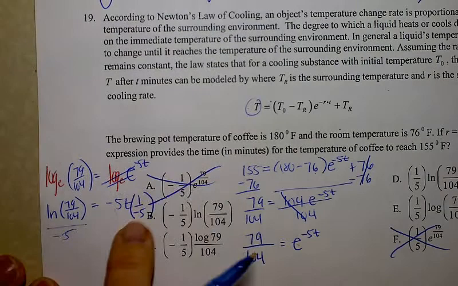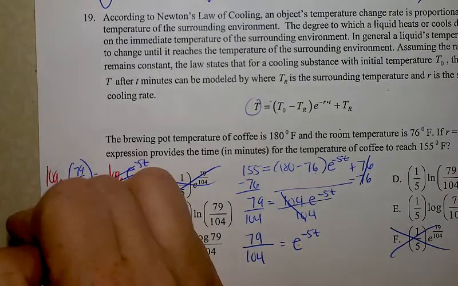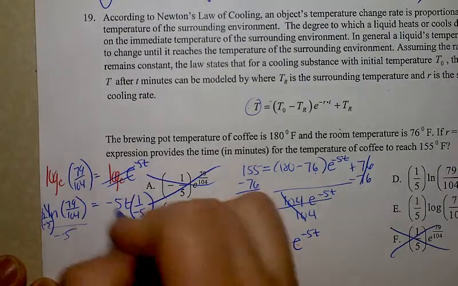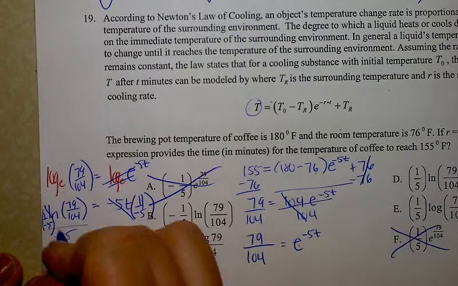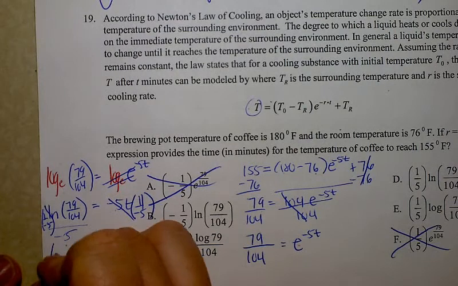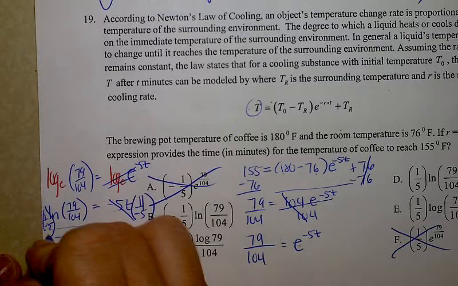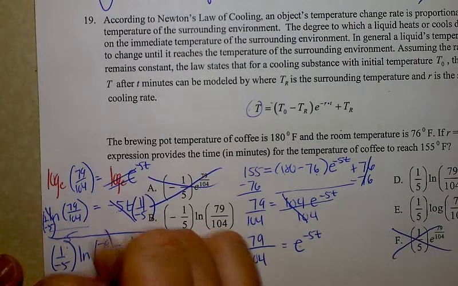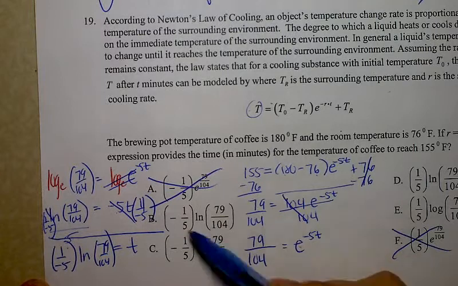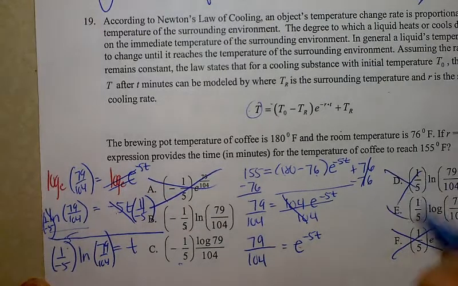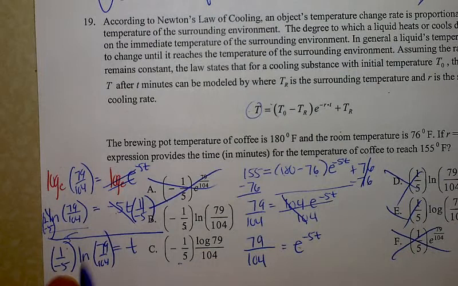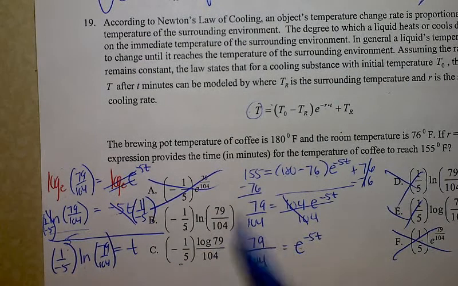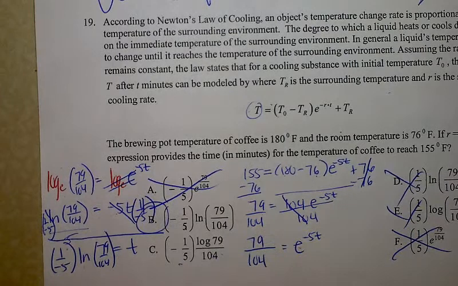So I can multiply by negative 1/5 to isolate the t, and that's the same thing as just dividing by negative 5. So do I have a negative 1/5 out front? Okay, that's option B or C. I need the ln of 79 over 104. Okay, so which one is correct? It is option B.